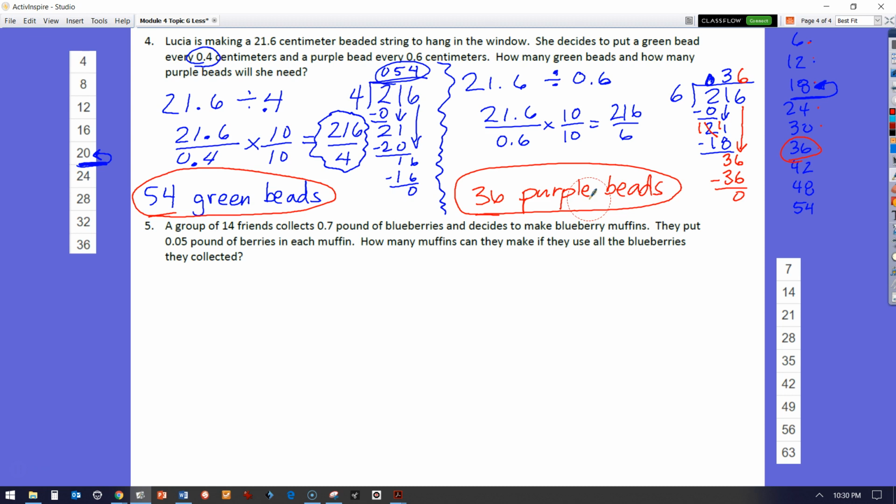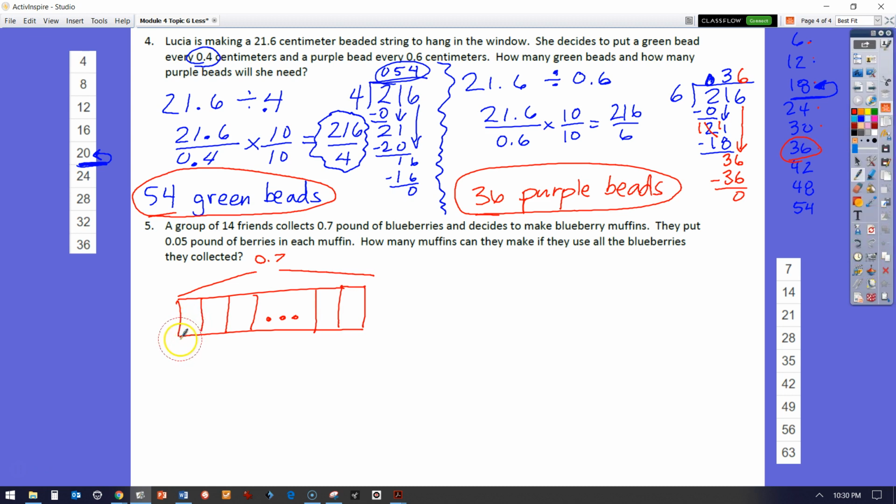So that's going to be our whole. So we have 7/10. And we're dividing it into, excuse me, not fifths, into 5/100ths.